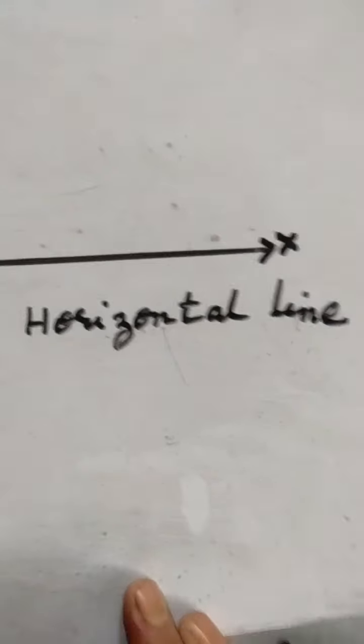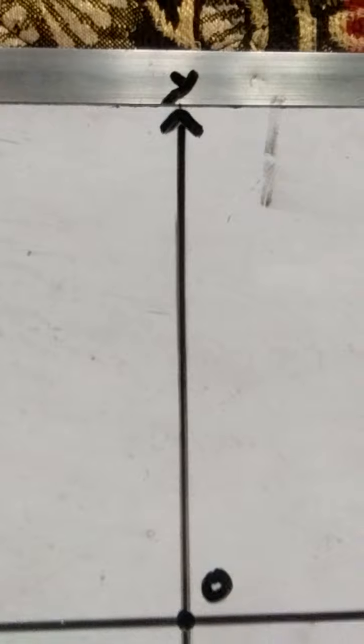This line is a horizontal line. And next we have another line over here. It is y dash y, and this is read as y-axis.